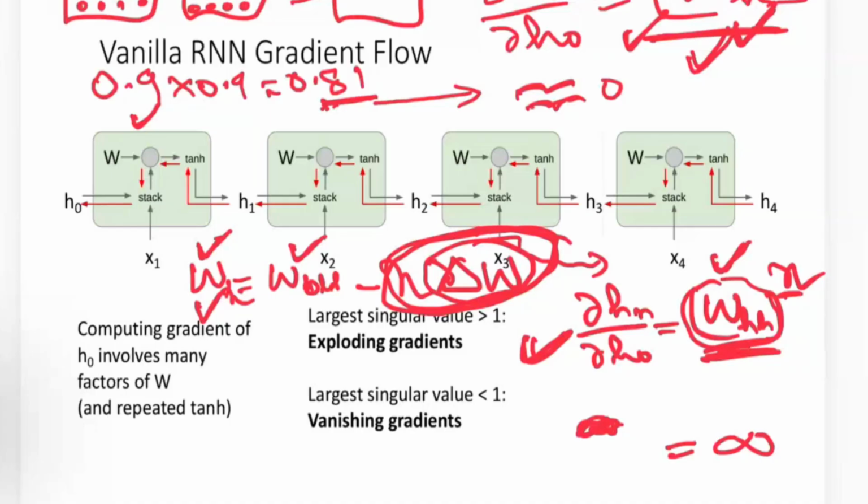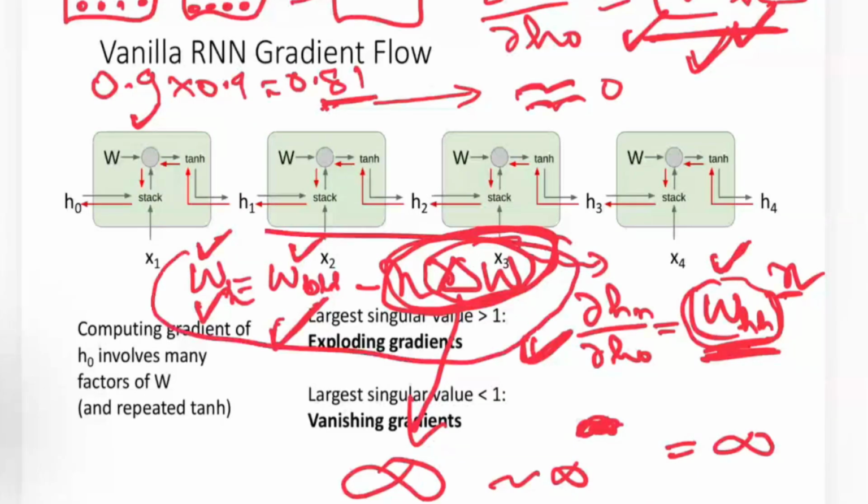So if your n is very, very large, it will approach infinity. And if your gradient is approaching infinity, again you will have no update here, because everything will crash, as this part becomes infinity.